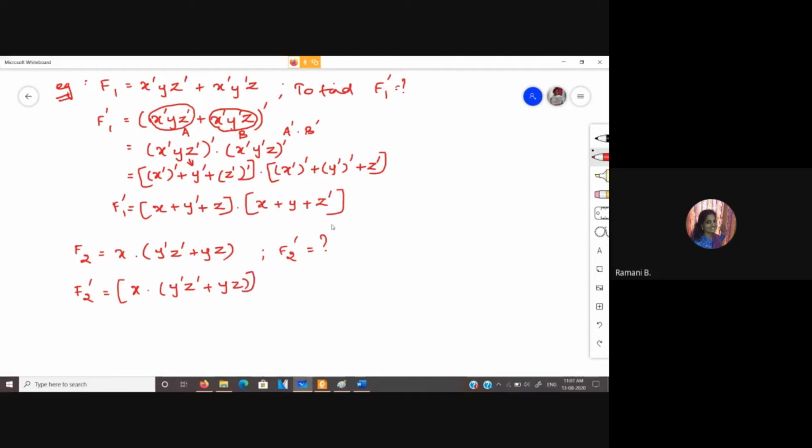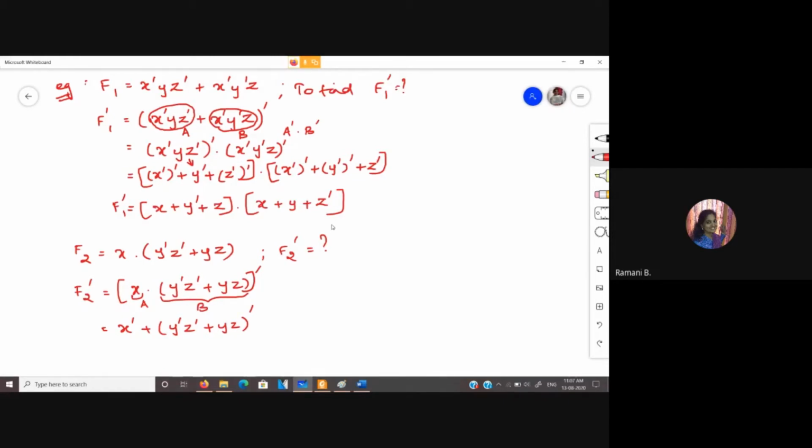So this is to be complemented. Let us take this as A and this whole thing as B. So this is going to give me x bar plus this whole thing bar, so y bar z bar plus yz the whole bar.